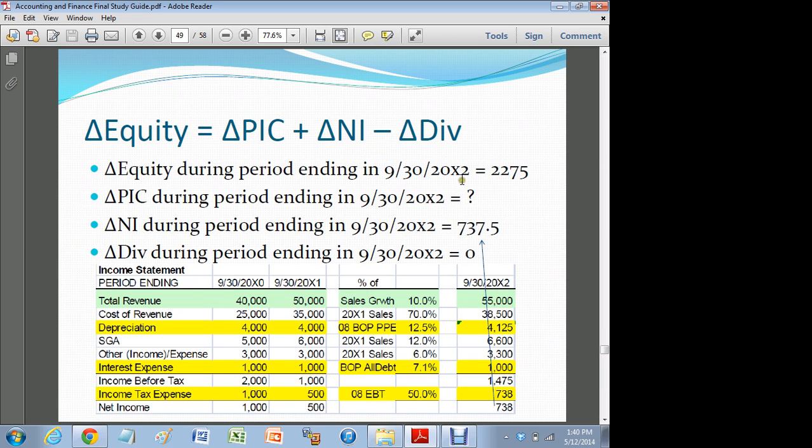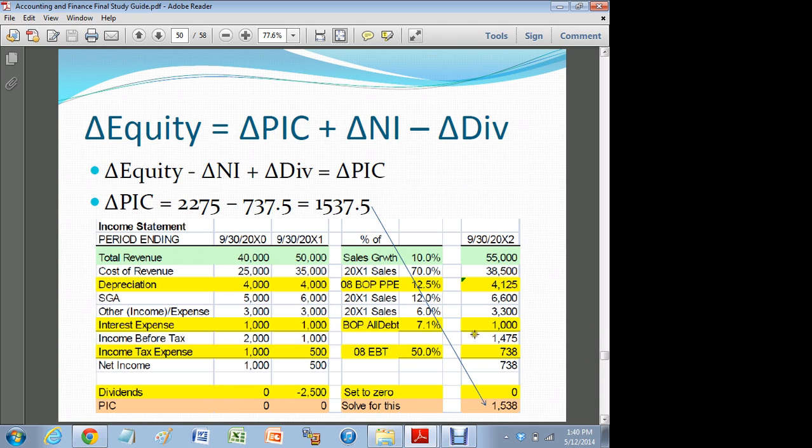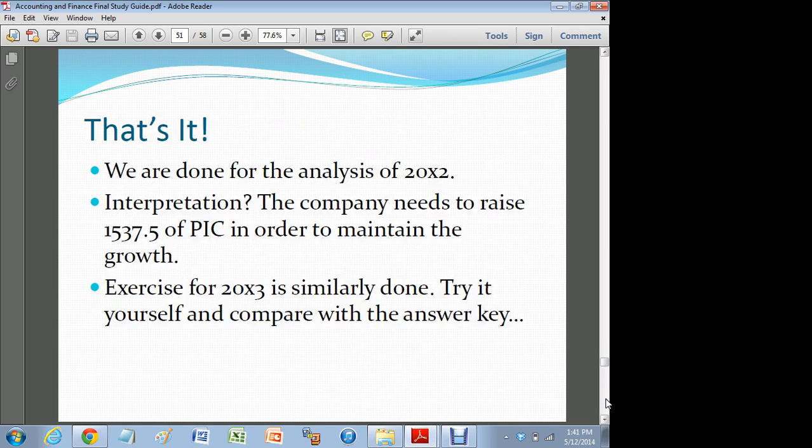So this is the only thing we need to figure out. Just solve for it, and we get 1538 rounded, which is what we've been trying to solve for. And that's it. Interpretation: if the PIC in this period is this number, that means they have to raise this much equity to maintain the growth.